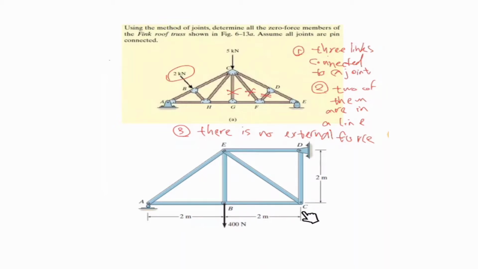C has 3 links, but we cannot say that 2 of them are on one line, meaning that all of these ones can have values. D has 2 links and E has 4 links, meaning that this structure doesn't have any zero force member.